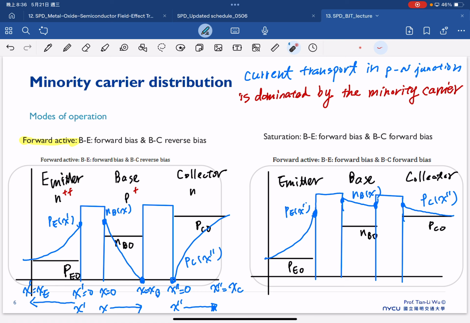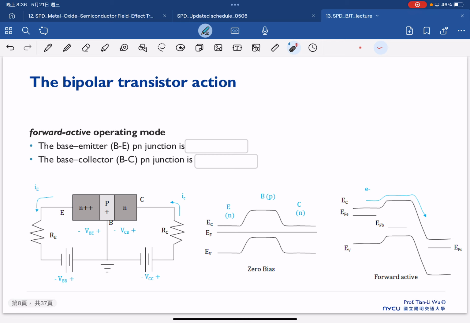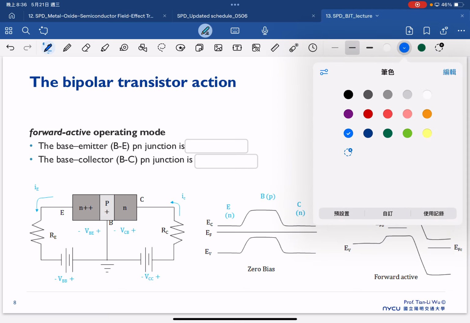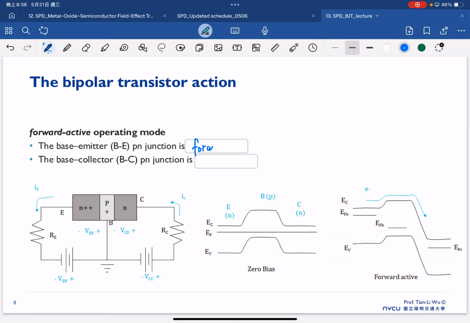So when we consider the forward active operation mode, the BE junction is under the forward bias. And then the BC junction is under the reverse bias.